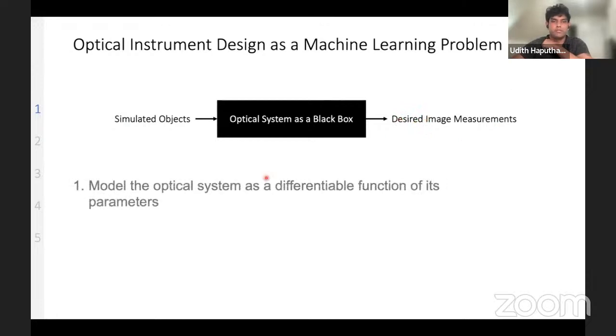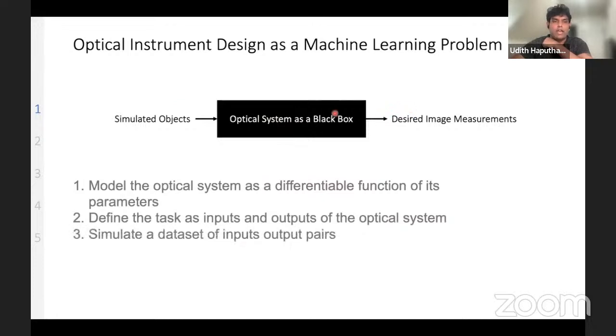So the idea is we first model this optical setup as a differentiable function, and then we define the task, inputs and outputs. Then we simulate the dataset of input-output pairs. Then we define a loss function and optimize the model, and after we get the optimal parameters, we can design them and create the microscope.